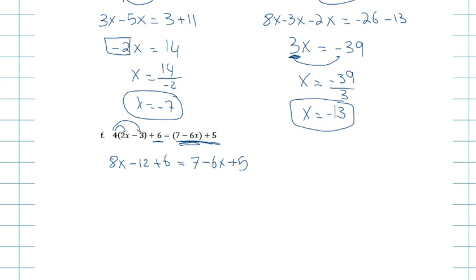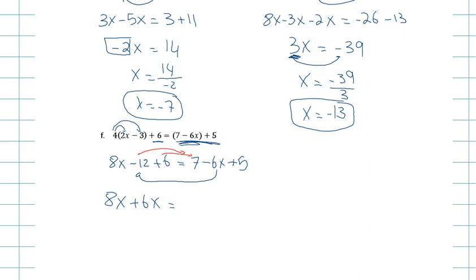Now it's a normal one that you've seen earlier. Move the x's to one side. So what do I have to move to this side? The negative 6x becomes positive 6x, right? And then these have to move to the other side because they're both numbers.